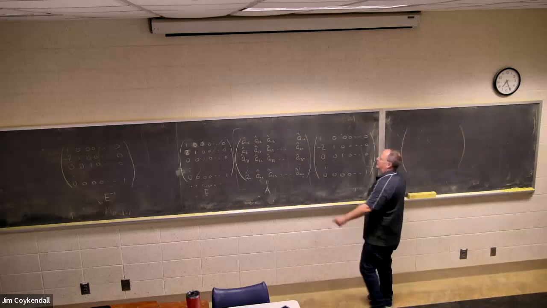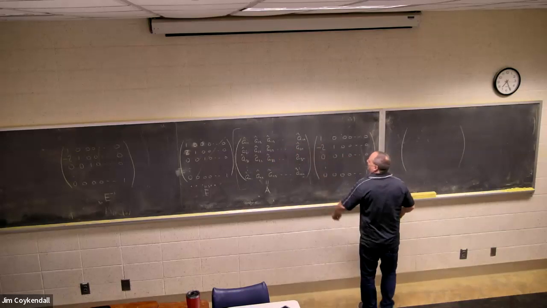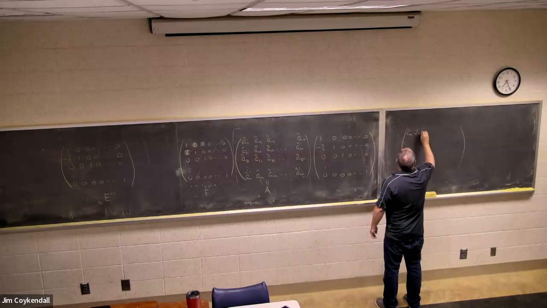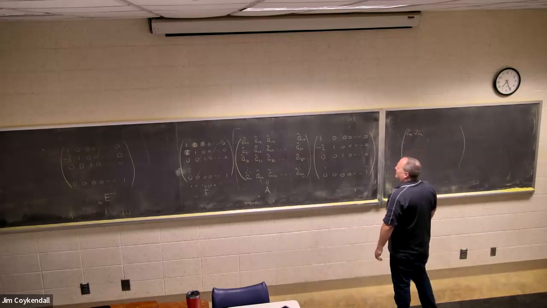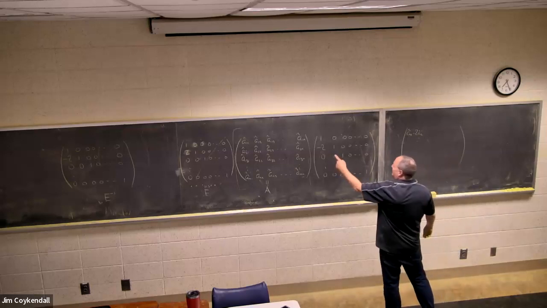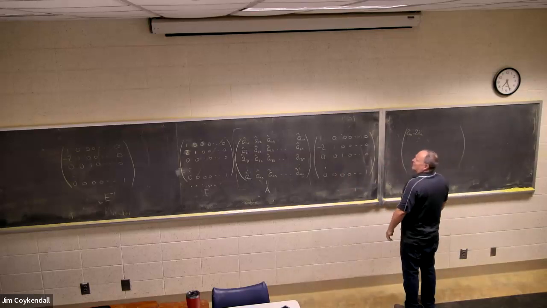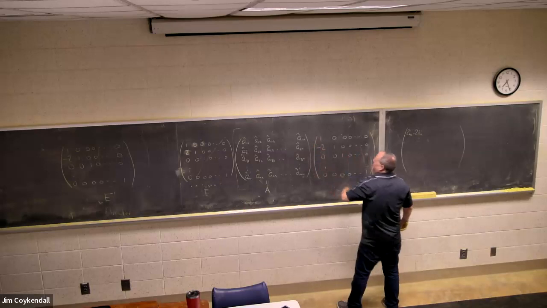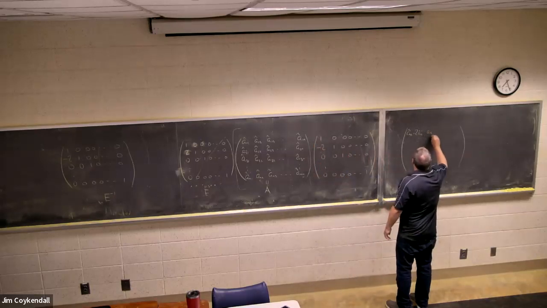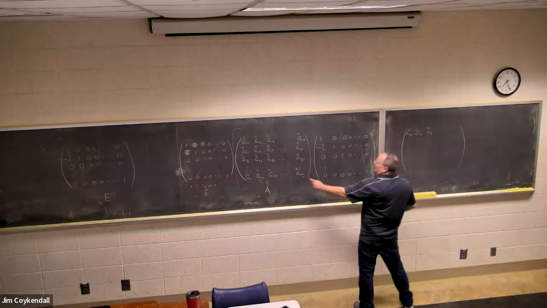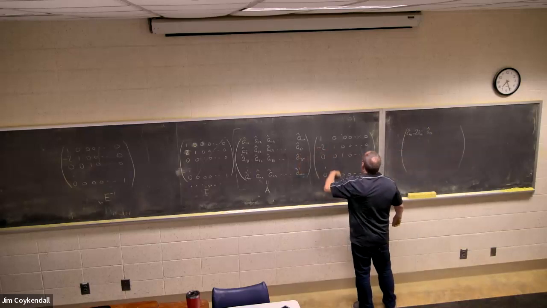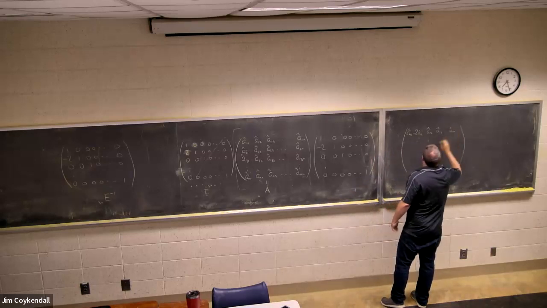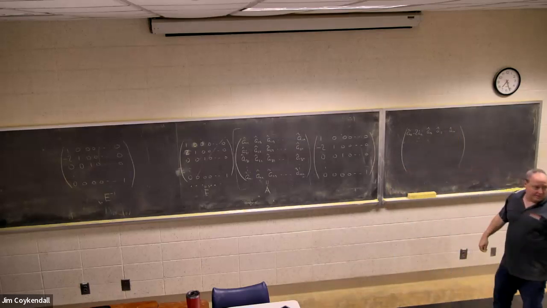Multiply it out, see if we can do it. Multiply this, I get A11 minus 2A12. And then next one, this column, you get A12. And then A13. Agree?